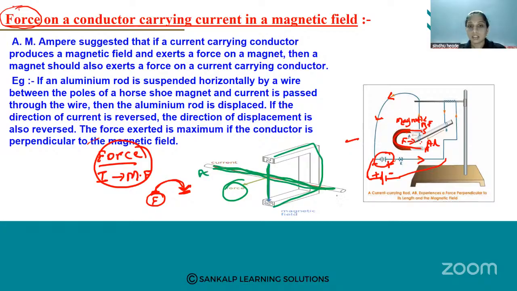Compared to the diagram, this is called the magnet, and this is the aluminum foil which has two ends A and B. It carries some current, and between this conductor and this magnet, some force is exerted that acts perpendicular. So force, current and magnetic field are perpendicular to each other. This is the concept. Got it clear?